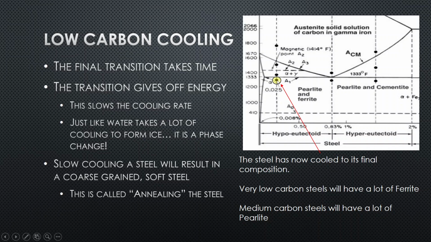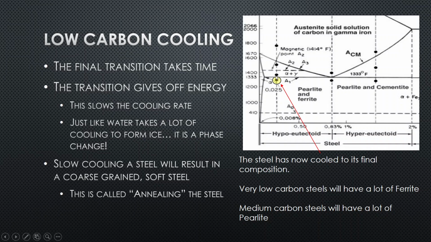Now, if you really want to rush that, we'll take a look at ways you can speed through there a lot quicker, by taking your sample and throwing it in water and agitating it around and shaking it up. There's all sorts of things you can do to cool your samples quickly. But if you cool it down nice and slowly, which is what we're talking about right now, you'll get the most organized, calmest, lowest energy, softest, least brittle, most ductile structure that you can possibly get.